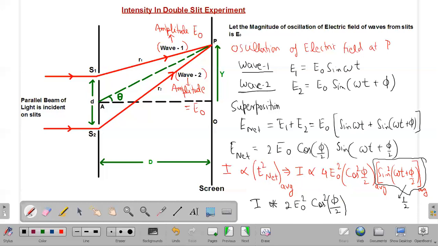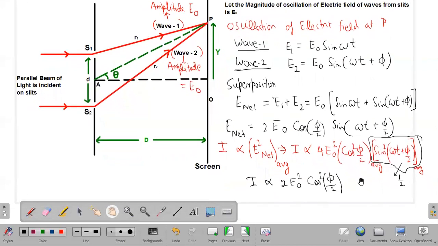We can convert this proportionality into an equality by introducing a constant k, so it is k into 2 E naught square cos square of phi by 2.